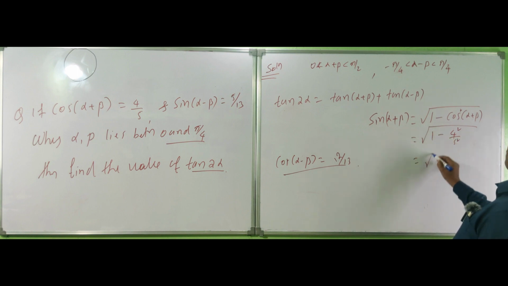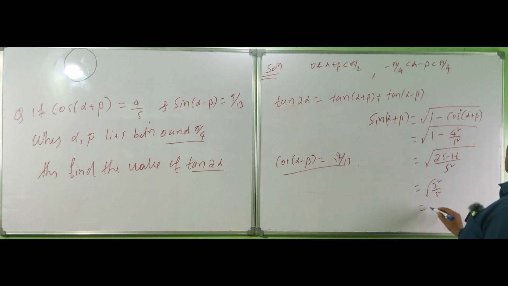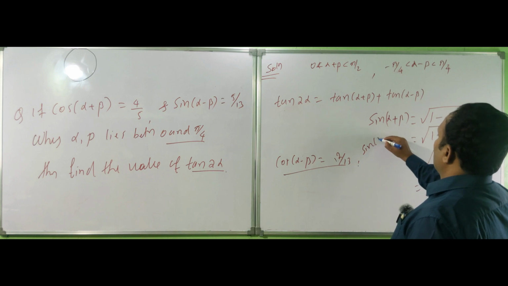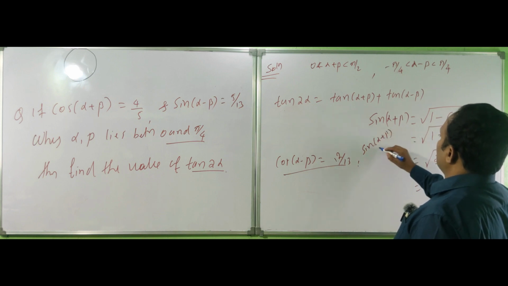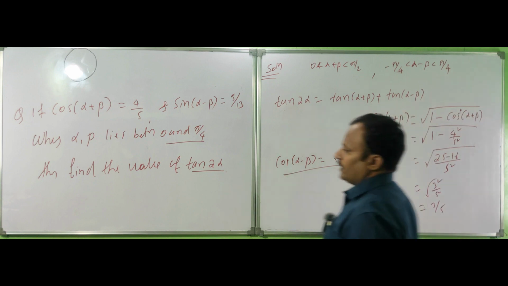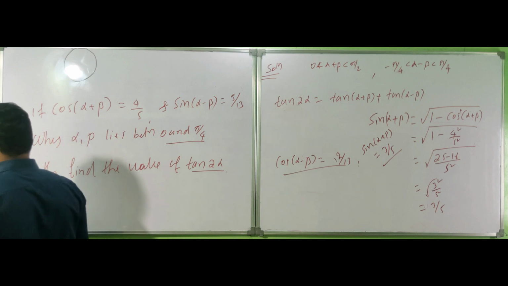This gives the square root of 25 minus 16 divided by 5 squared. 25 minus 16 is 9, which is 3 squared by 5 squared. This gives 3 by 5. Sin of alpha plus beta is equal to 3 by 5.